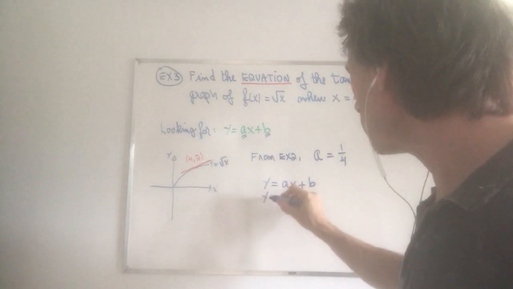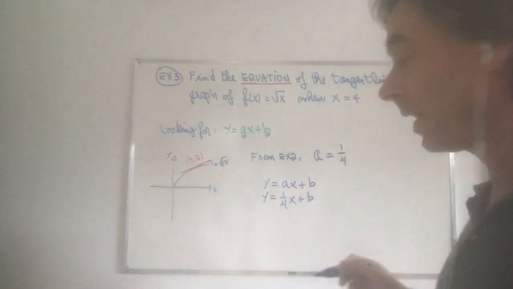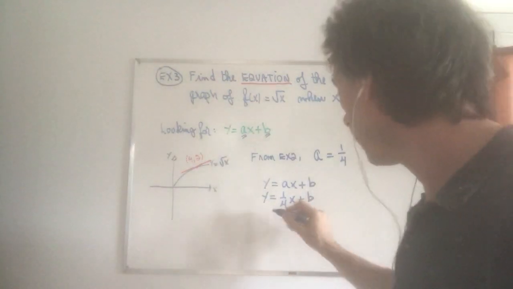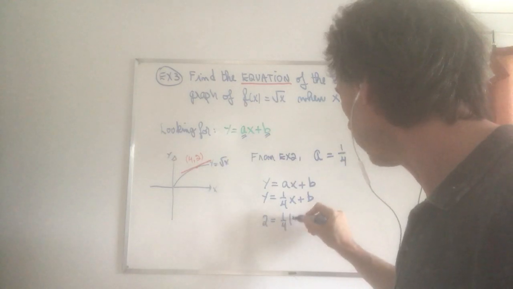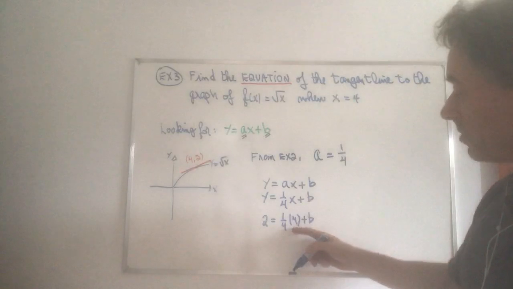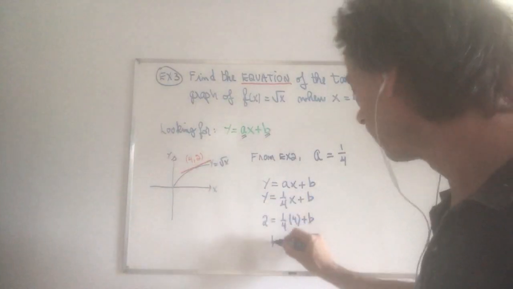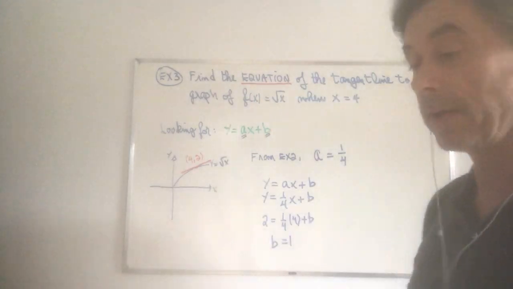So really y is equal to 1/4 x plus b. But I need a point on the curve, and I do have one. I have 2 here for my y, and I have 4 here for my x. So 1/4 times 4 is 1. Bring it over. B is equal to 1. And that's it.